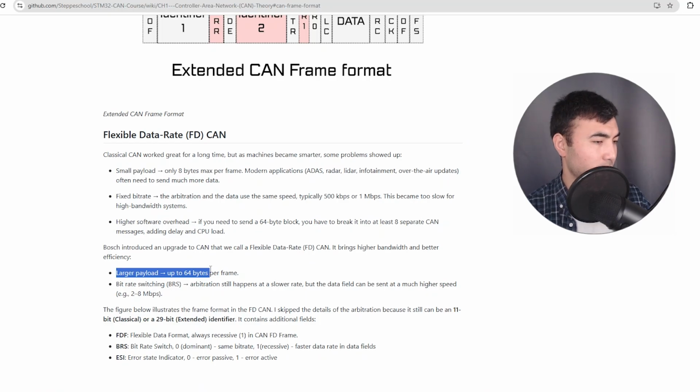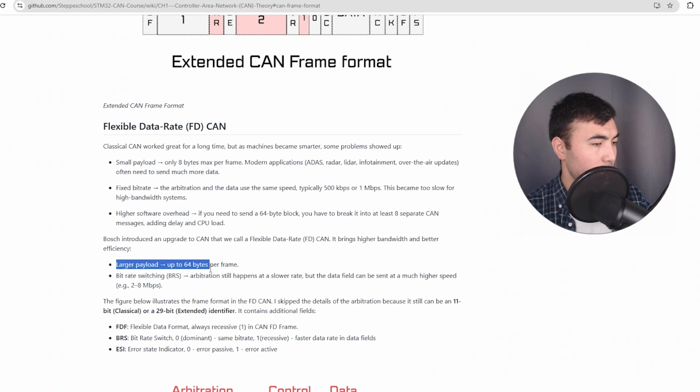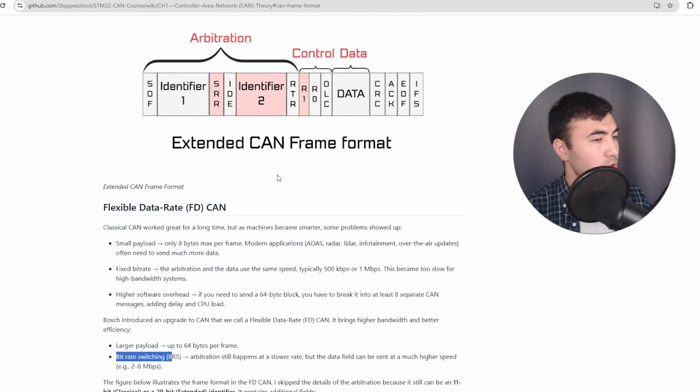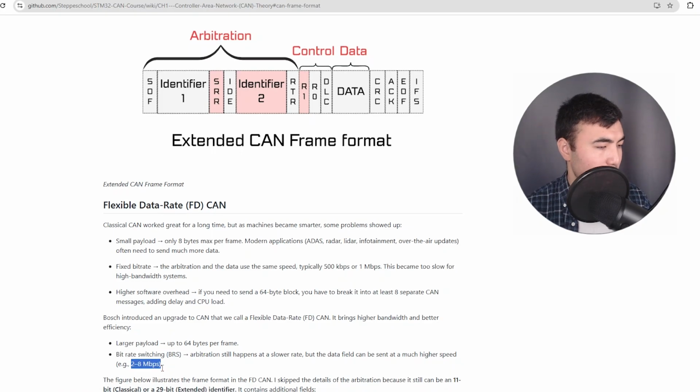This is the first main difference. Second is the bitrate switching. During the arbitration, you have a slow data rate, and then when we have the data, it can switch to a much higher speed. It can switch to 8 megabits per second.